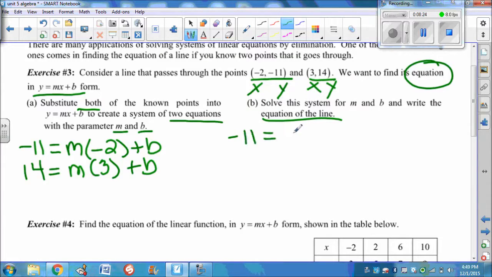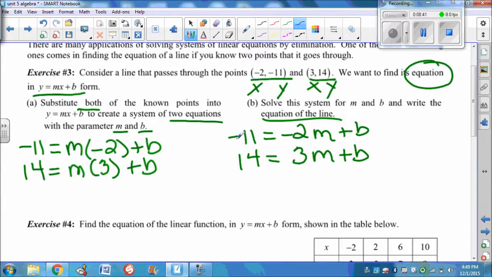So I'm going to clean this up a little bit. I'm going to put negative 11 equals negative 2m plus b, and then 14 equals 3m plus b. So now I've got a system here. Again, force something to eliminate. I'm going to get rid of the b's because that's probably the easiest.